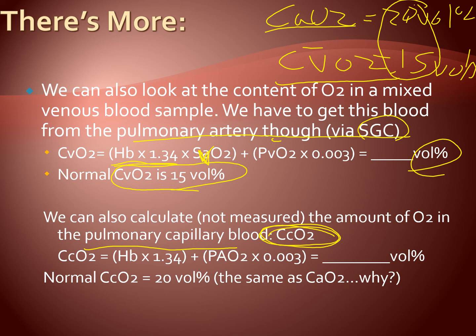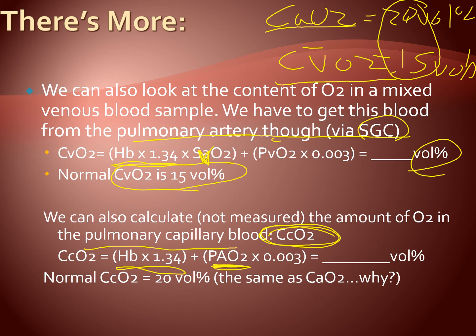So good news, this equation is also very similar. But instead of saturation, because we can't stab the lung, you should not do that, by the way, you're just going to do the hemoglobin times 1.34, and then take your PAO2 times 0.003. Because remember, we're looking at pulmonary capillaries. So is there a way we can look at pressure of oxygen in the pulmonary capillary? Yeah, that's our alveolar air equation.